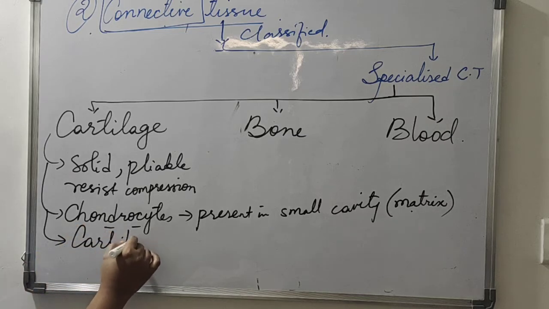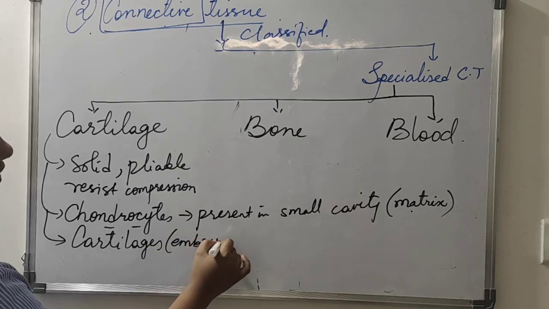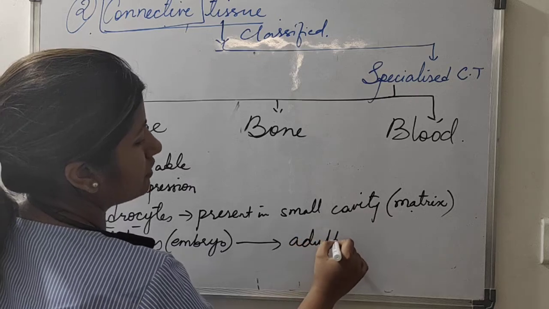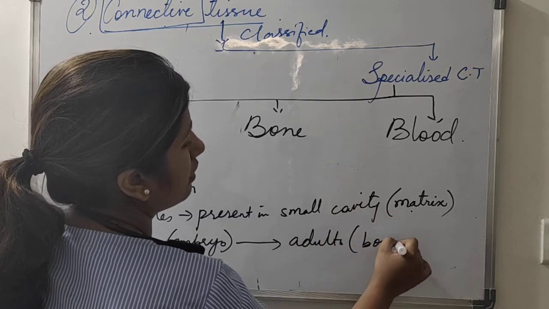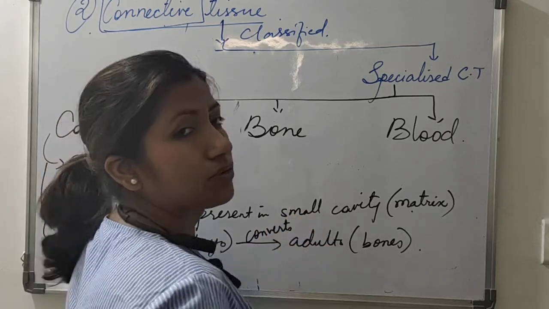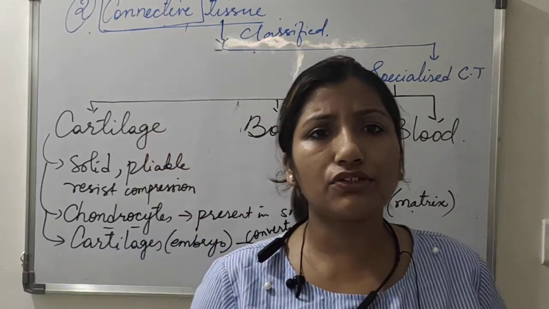Cartilage which is present in the embryo, when the embryo becomes adult, this cartilage converts into bones. In the embryo, our fetus is very fragile, very soft tissue.